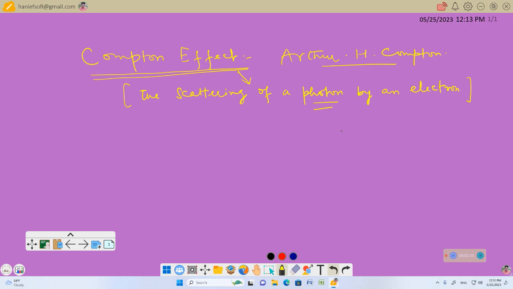So photon is a light particle, and according to quantum theory of light, photon behaves like particles except for their lack of rest mass. By that I mean a photon is as good as a materialistic particle like electron, but it has only one thing different from some materialistic particle like electron or proton, that it lacks rest mass. Let me write it.